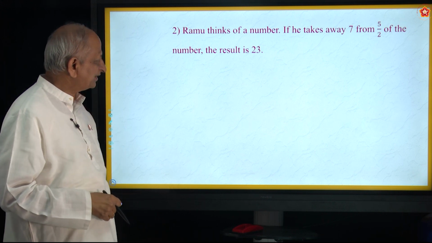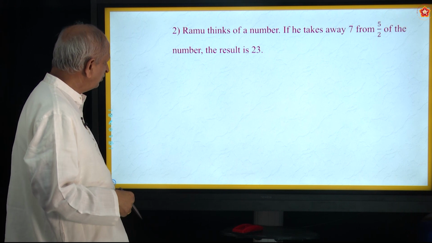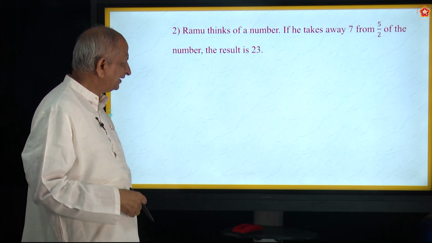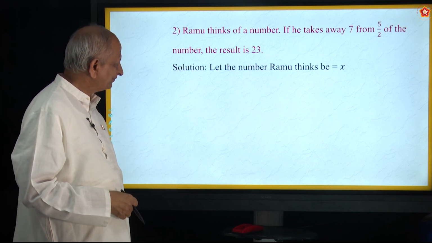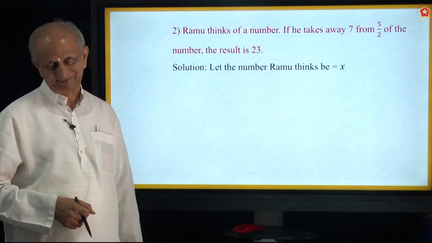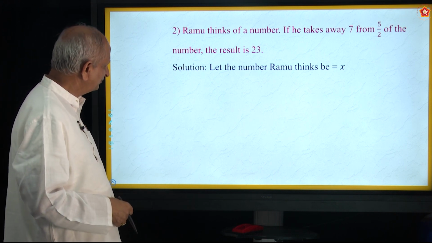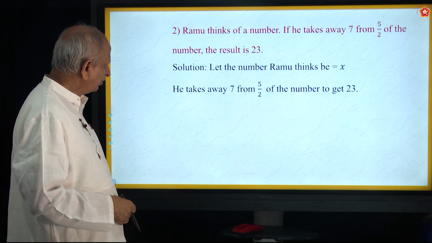If he takes away 7 from 5 by 2 of that number, result is 23. So let the number Ramu thinks be equal to x. Okay. What does he do? 5 by 2 of the number.